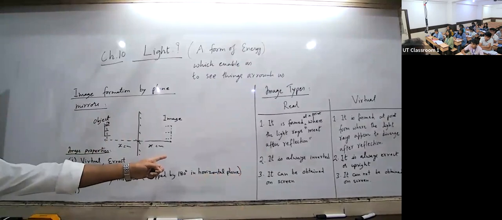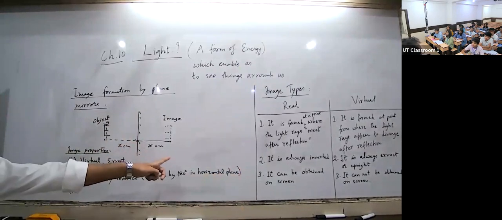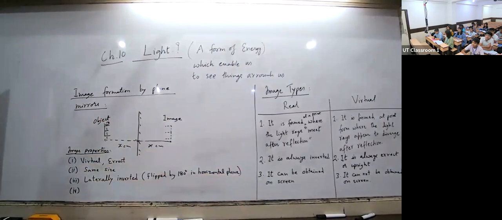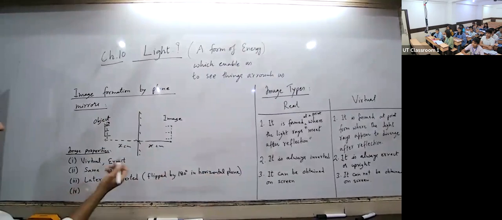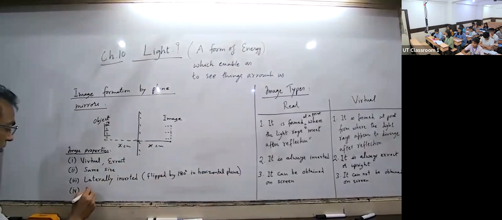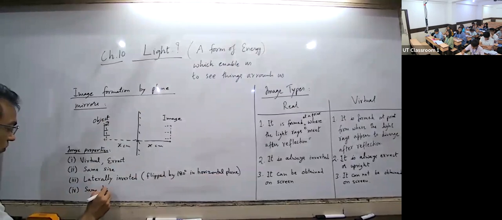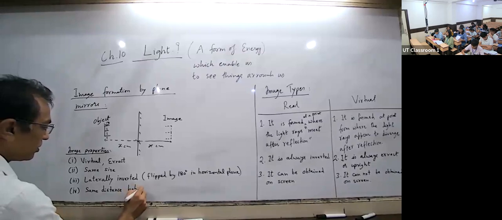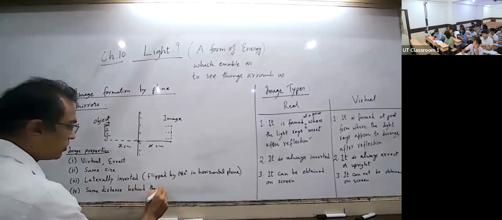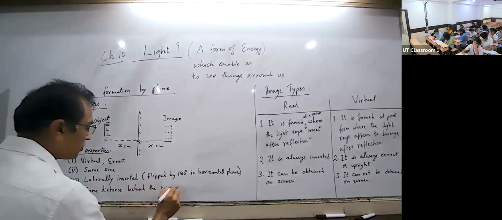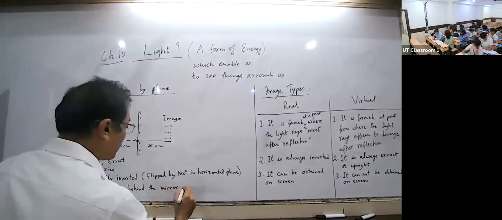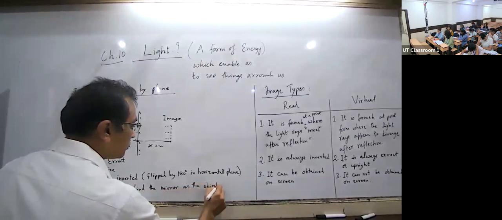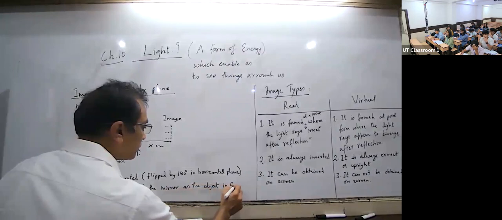So this is how the image formation is taking place. This is virtual, the one in the mirror. Where is the image? Same distance, behind the mirror, as the object in front of it.